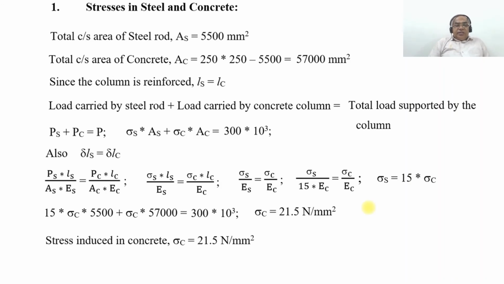Therefore, the stress induced in the concrete is 21.5 Newton per mm square. Similarly, the stress induced in the steel rod, sigma S, will be equal to 15 times sigma C, which is 15 into 21.5, which will be equal to 32.25 Newton per mm square.